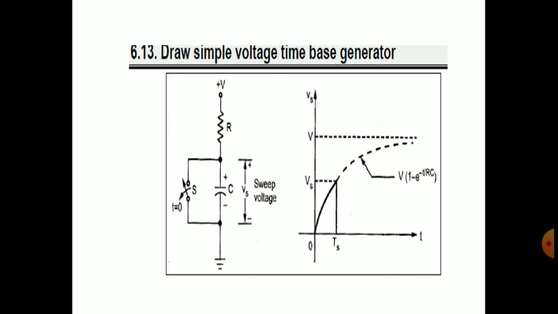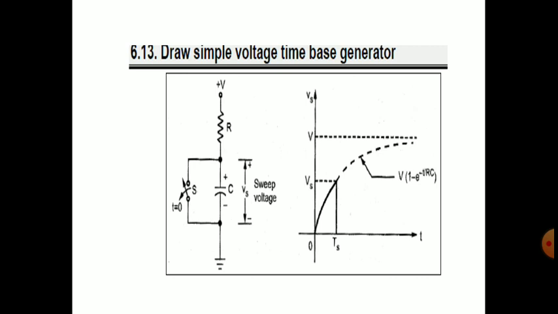The other end of the capacitor is grounded, and the capacitor is polarized, with plus and minus. The sweep voltage we are taking across the capacitor.